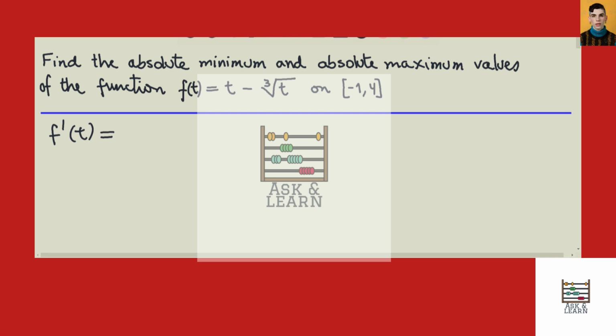For that, we first calculate the first order derivative of f, and that's 1 minus the derivative of cubic root of t. If we write that as t to the 1/3, the derivative is 1/3 times t to the 1/3 minus 1, and that is 1 minus 1/3 times t to the negative 2/3.